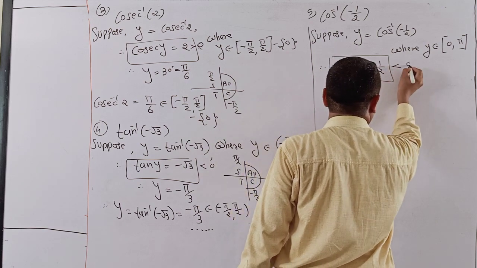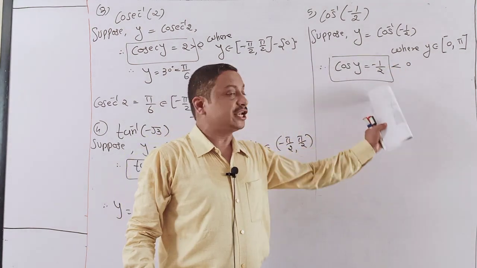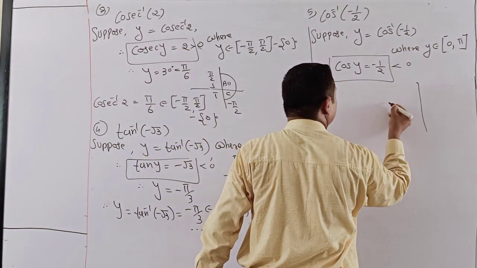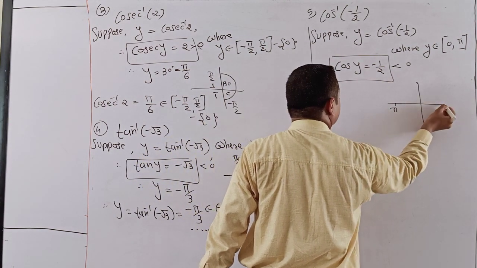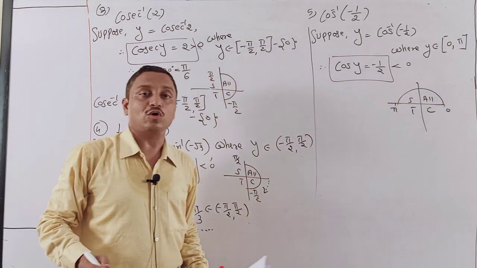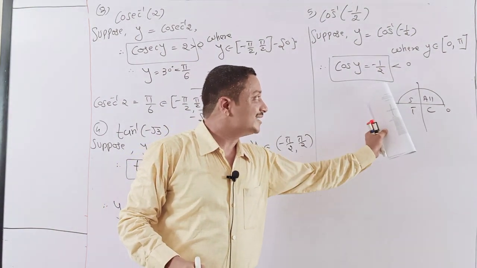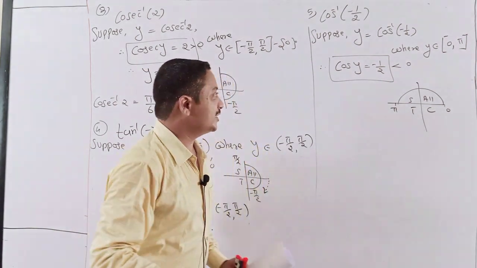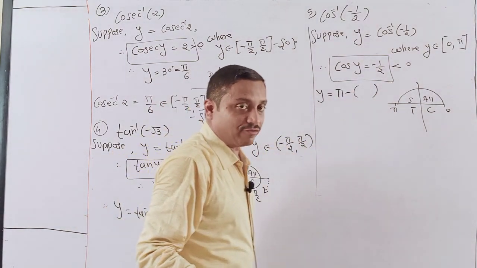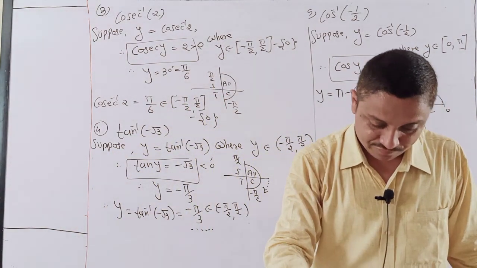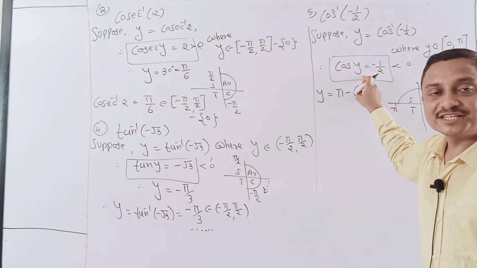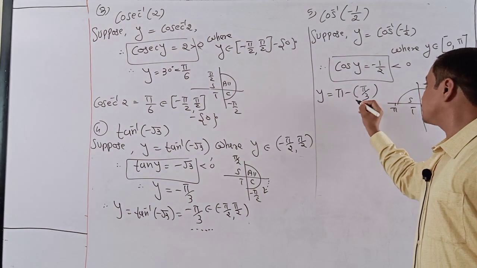Students, here wait and look at that. Your cos value is negative, and whenever cos is negative, definitely in that interval, our interval is 0 to pi, all clockwise, where does my answer belong when cos is negative? Yes, it is the second quadrant. So in the second quadrant I show pi minus, and when cos is half, it is 60 degrees, 60 means pi by 3.